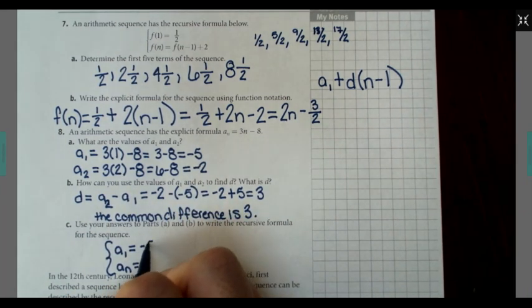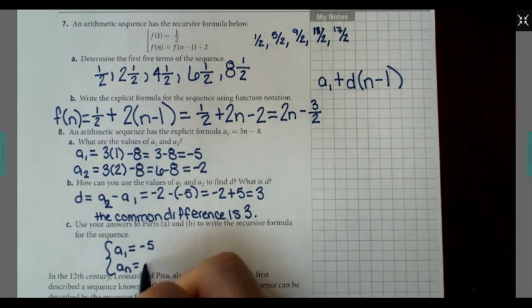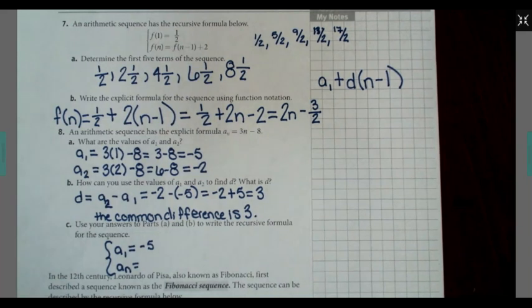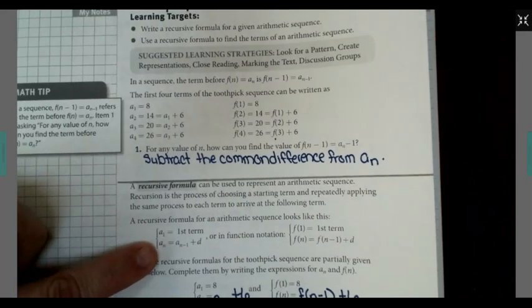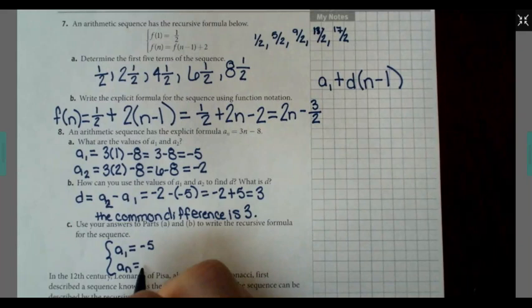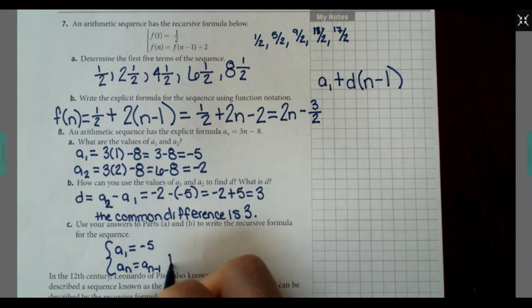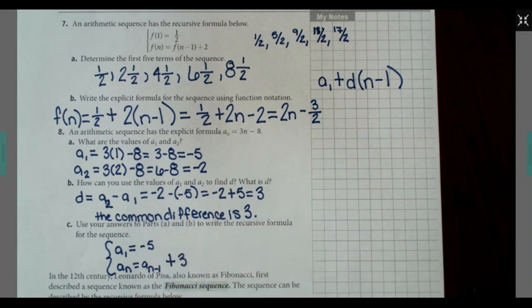So a sub 1 equals negative 5. A sub n, remember, if you recall from the previous page, let me pull that back. We always want to do a sub n minus 1 plus our difference. So we've got a sub n minus 1, and my difference is 3. So I'm going to put plus 3.